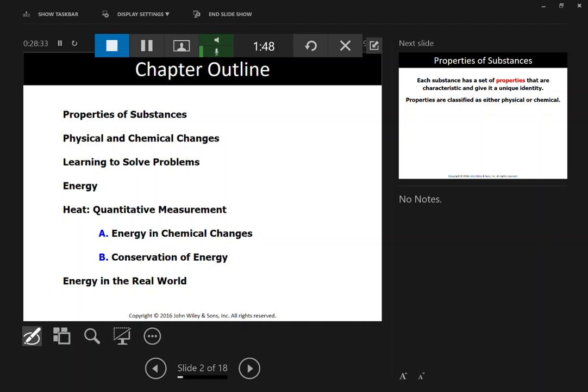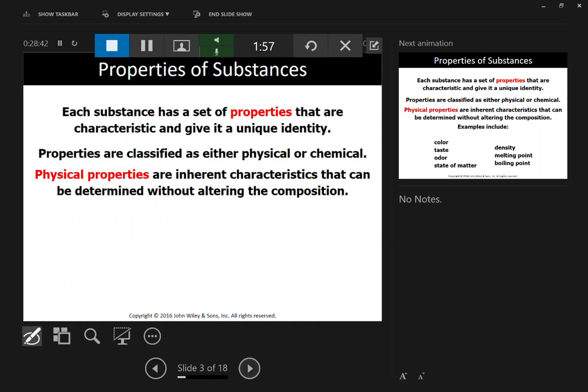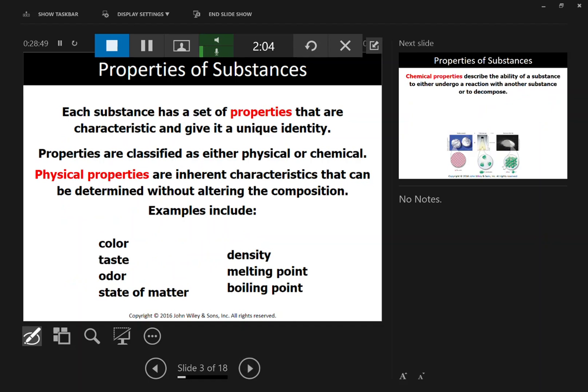Now, as I said, each substance has a set of properties, and those properties are characteristic of every substance. So the properties that we look at are physical and chemical properties. Physical properties of any substance, any matter, can be determined without altering the composition of that substance.